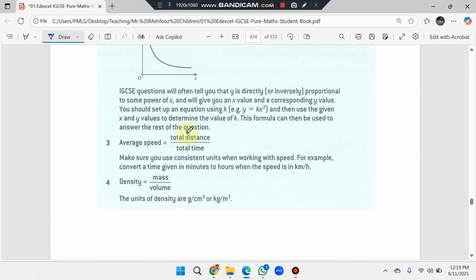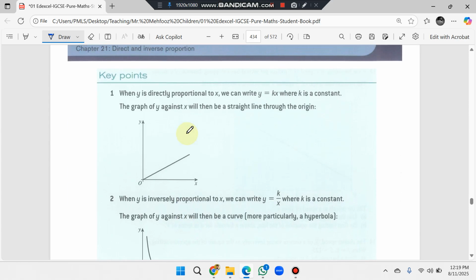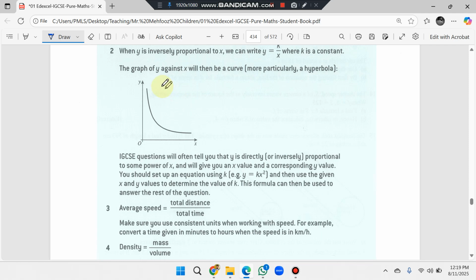After that, here is the summary. After doing these questions, some key points are given: when y is directly proportional to x, we can write it as y equals kx, where k is the proportionality constant. The graph of y against x will then be a straight line through the origin. So this is the graph of y directly proportional to x.